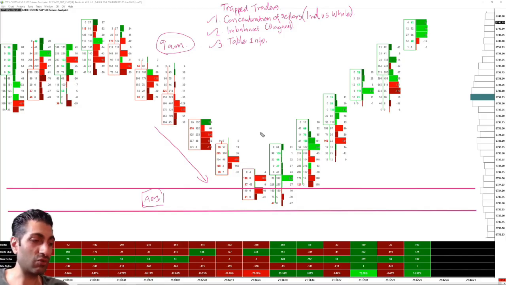Okay, so really when it comes to the buying side, it's fairly simple. I'm only looking for one thing. So when we're getting trapped traders, guys, I'm always keeping an eye on the concentrations of individuals. Why is that? Because when it comes to entry, I need pinpoint accuracy, don't I? How do I find that pinpoint accuracy? I'm not going to find it based on the table.